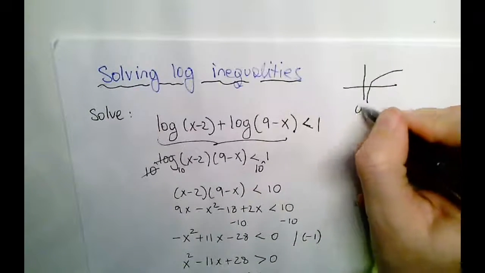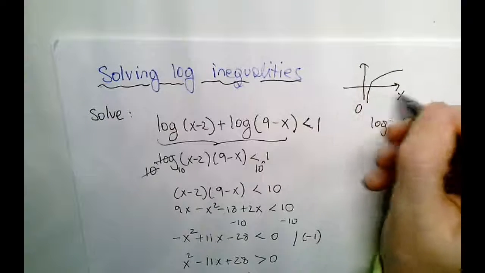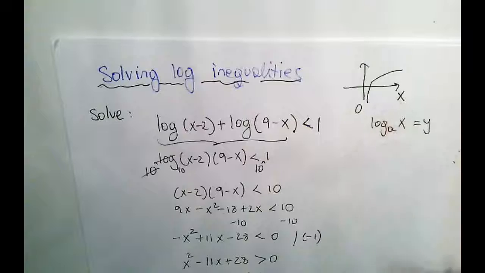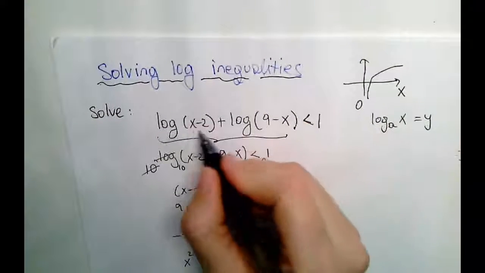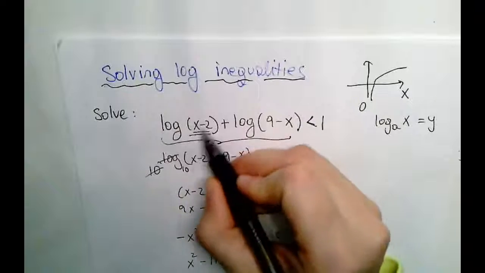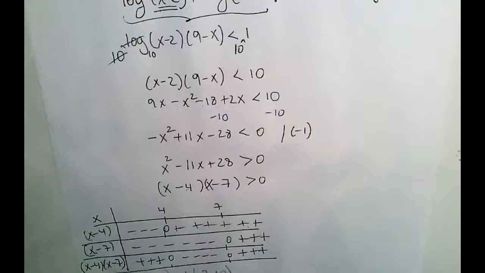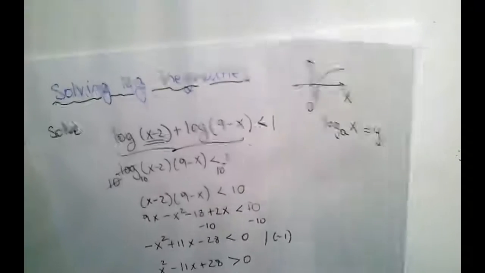There's 0 and there is x, so x has to be greater than 0. In our case, our input is x minus 2, so whatever I'm taking the log of has to be greater than 0. All right, so this is how you solve log inequalities.